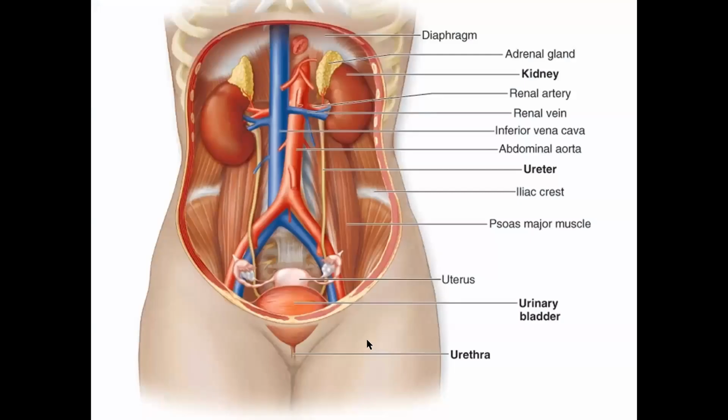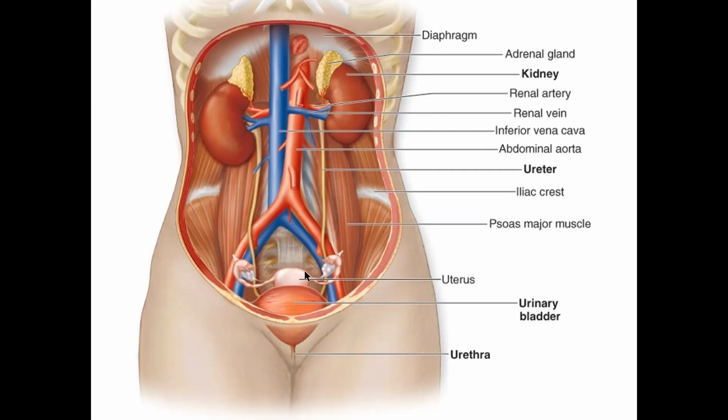And in another diagram, I should also mention, here you've got your left kidney, right kidney, and these yellow pyramidal shaped things are the adrenal glands. And you've got the arteries, everything else I've mentioned.